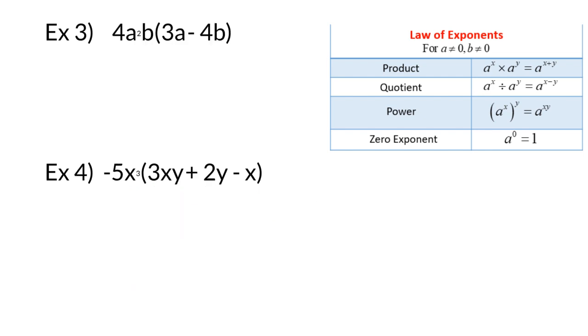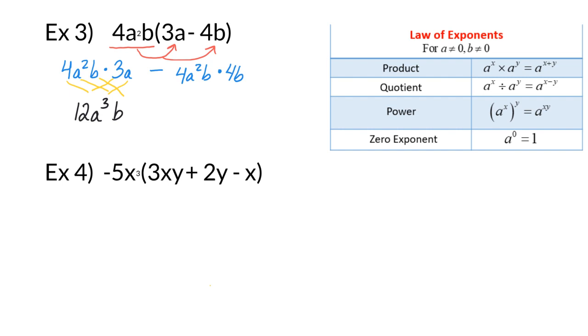In example 3, again, I have a monomial times a binomial. I need to distribute to both terms. And when I'm multiplying, I am grouping like terms or like bases together. The numbers go together, same bases go together, and anything that doesn't have a partner just stays by itself.